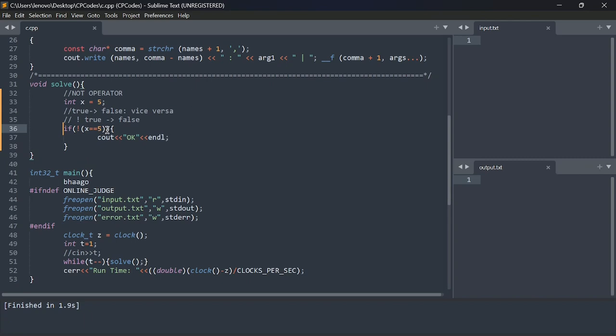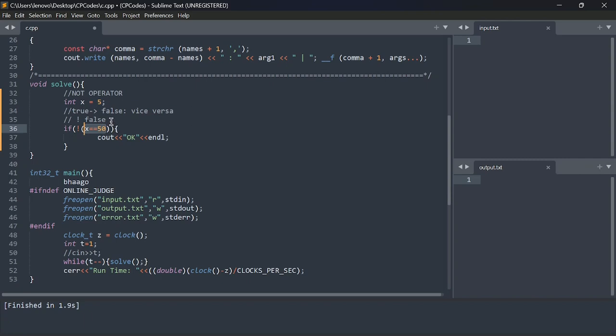Let's take one more example so that it will be more clear. Let's say I write: if not of x is equal to 50. Here we see that x is actually not 50, so this condition is false, because the value of x is actually 5, whereas we are checking whether it is 50.